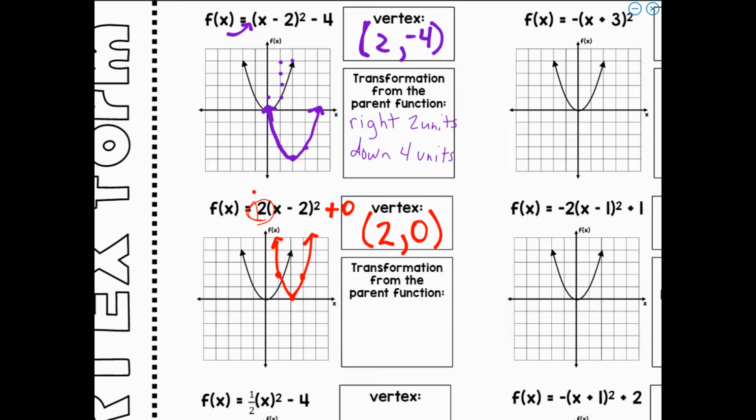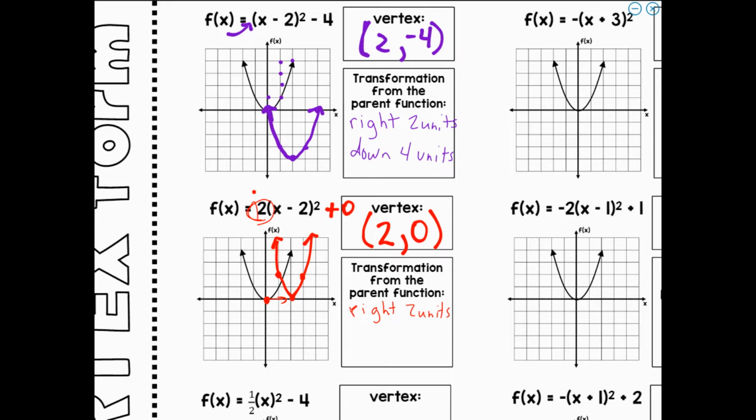So what transformation happens? Right 1 unit, down 1 unit? Up 2 units? It didn't go up any. It went right 2 units. It didn't move up or down any. It just moved over the vertex. That's what we're talking about when we're talking about moving. We're just talking about the vertex moving.